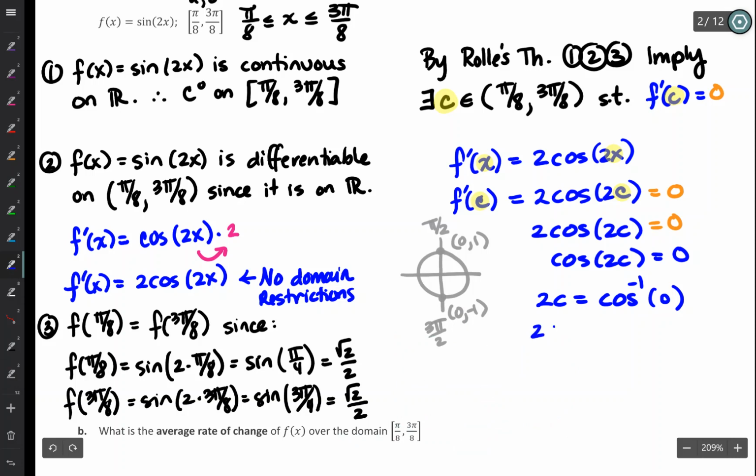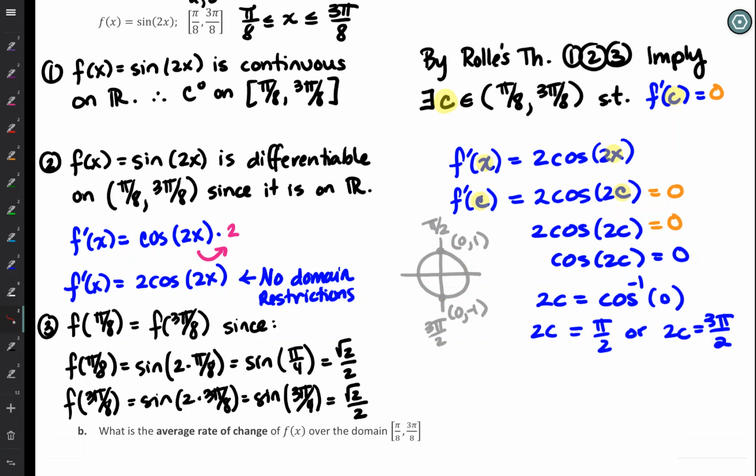So we get 2c is equal to pi halves, or 2c is equal to 3 pi halves. And really, if I'm being super tight, I want to add integer multiples of pi for this, because I can just keep whipping around the circle either way, and I'll have places where the cosine is 0. But I'm interested in the c value that lives strictly between pi over 8 and 3 pi over 8.